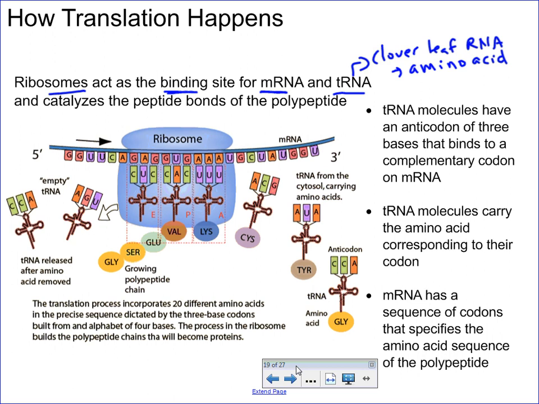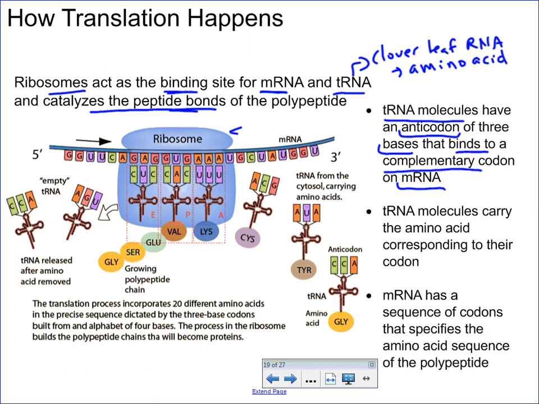The ribosome will act as the binding site for the mRNA and tRNA, and will catalyze the formation of peptide bonds on the polypeptide. The tRNA molecules have what's referred to as an anticodon sequence of 3 bases on them. That anticodon sequence is going to be able to bind to the complementary codon of the mRNA.